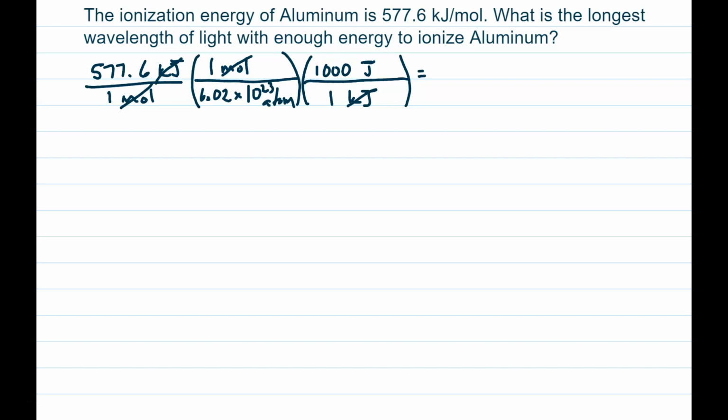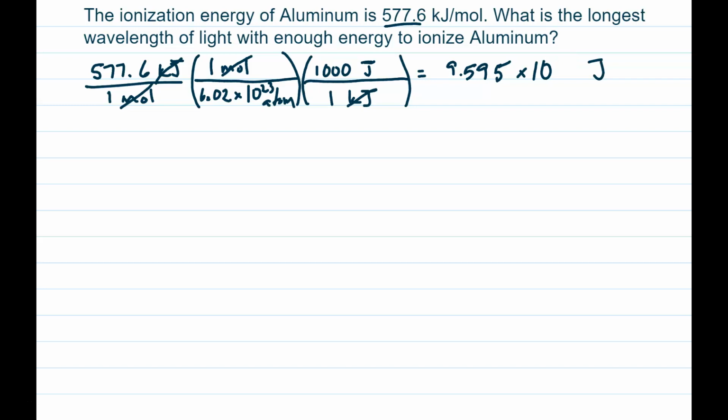So then I can take 577.6, divide it by Avogadro's number, 6.02 times 10 to the 23rd, and then multiply that answer by 1,000, and I get 9.595. 4 significant digits in my kilojoules per mole here, times 10 to the negative 19 joules.